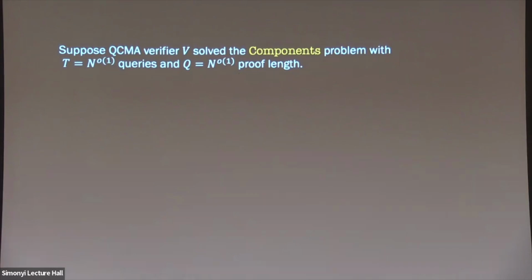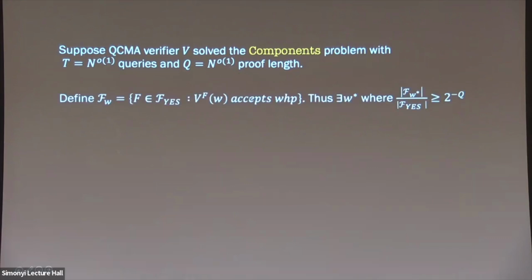But okay, assuming the conjecture, how do we prove the QCMA lower bound? So let's suppose for contradiction that the verifier V solved the components problem with, let's say, n to the little o of 1 queries and n to the little o of 1 proof length. So now the proof is classical. What we're going to do is take all the yes oracles. The yes oracles are just graphs with 2 disconnected components. Each of these supposedly has some classical witness that proves to the verifier that it's disconnected.